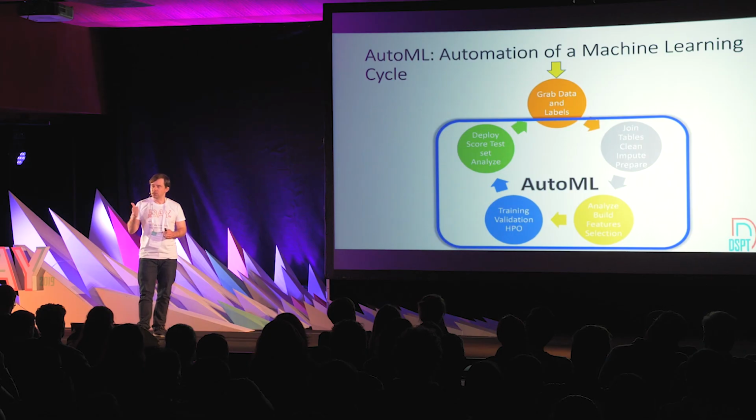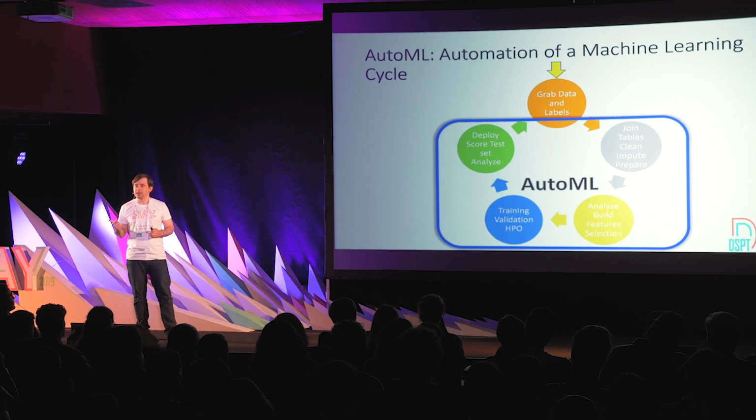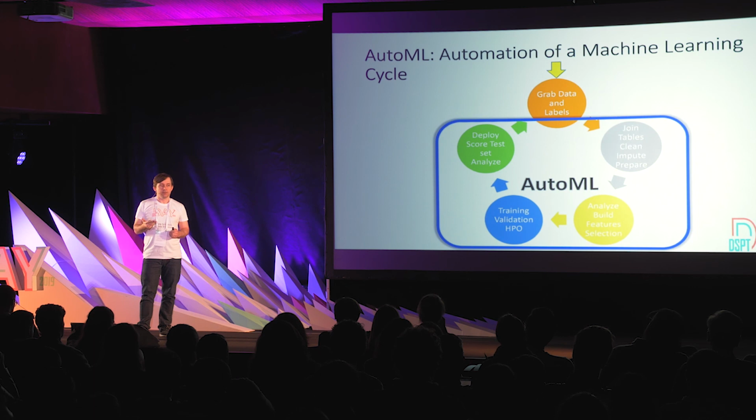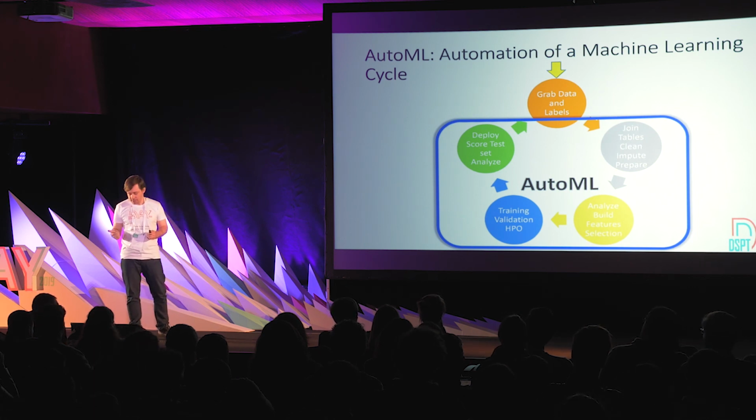Then, based on that, you go to the gray circle. You need to join the tables, clean the data, impute the data, prepare the data for the training algorithms. Then you need to analyze the data sets, build the features, maybe process some feature selection on the data set.